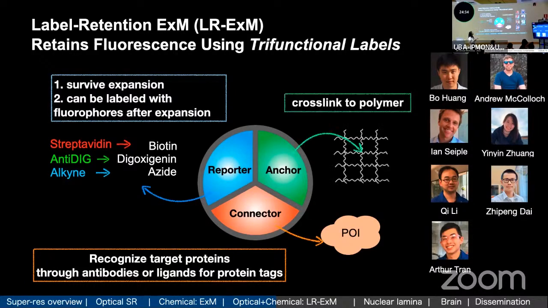And the third group is the anchor group, which is acrylamide or methacrylamide, to directly cross-link this reporter onto the polymer, the hydrogel. So even if you lose the protein of interest, your reporter is still in the hydrogel and will record the position of your protein of interest when you image them.